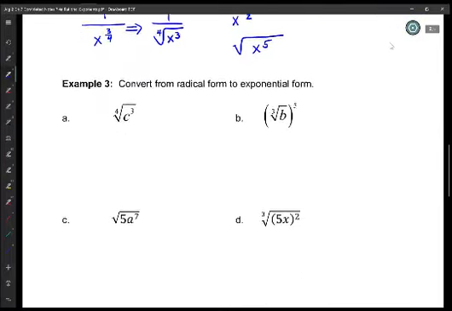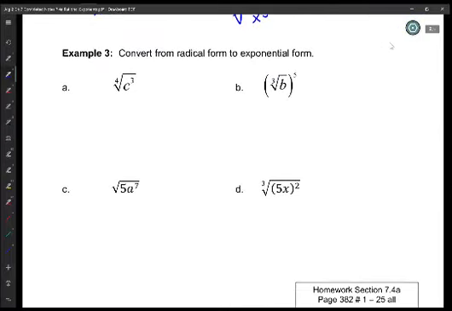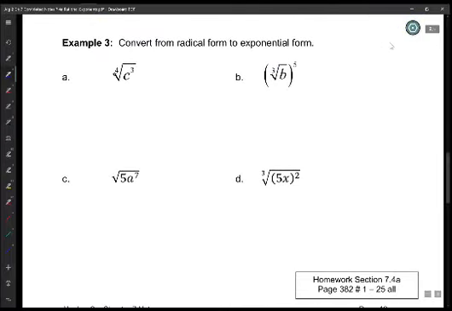Now let's go the reverse way. Let's go from radical form to exponential form. Remember, a root of 4 becomes dividing by 4 in our exponents. So now we have c to the 3rd raised to the 1/4, or c to the 3/4.